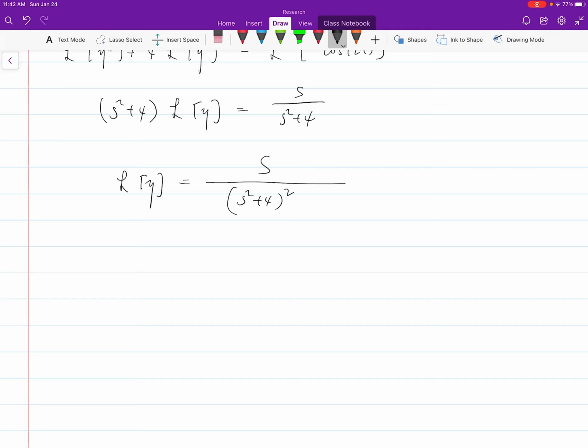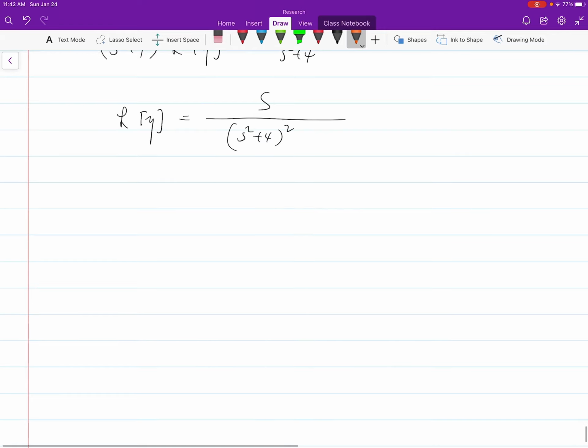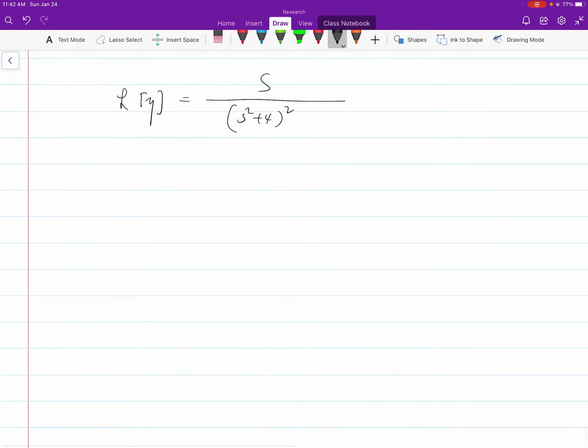Then again, we are familiar with this. Remember what we did was something like that. We say, well, we don't know this, but we do know this. And somehow if we take the derivative, we get this. For the same thing here, it's repeated. It's hard. I'm more familiar with the unrepeated, that is 1 over s squared plus 4. That gives me sine 2t.